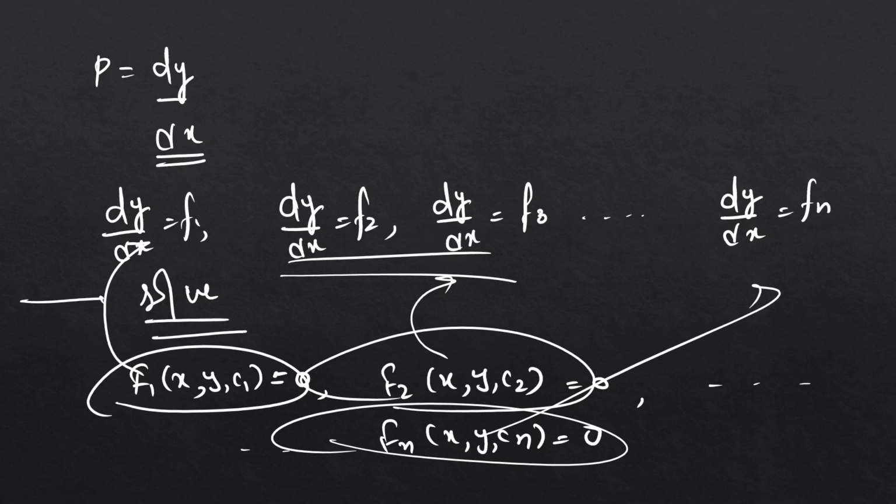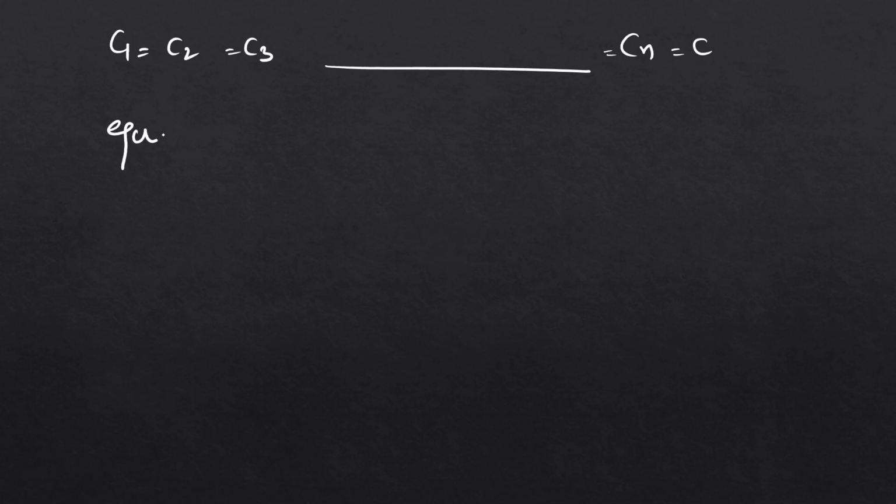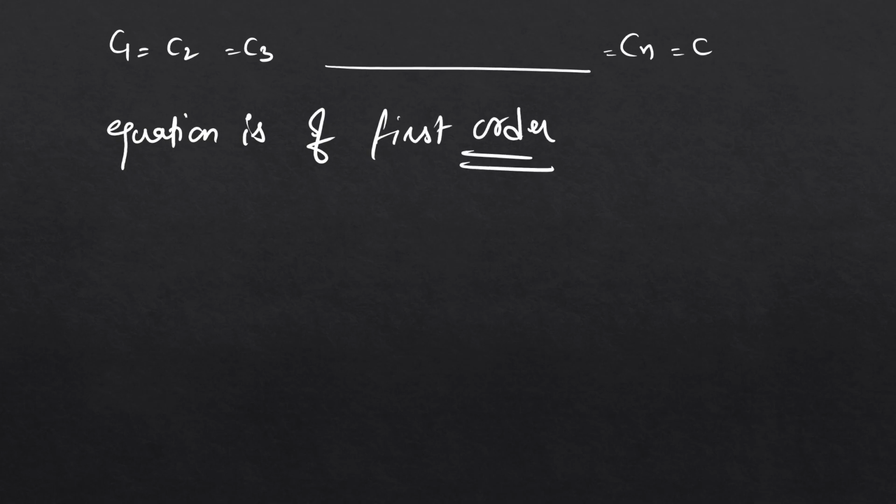Now here the question arises. Always remember we will take c1 equal to c2 equal to c3 up to so on equal to c. Why are we taking only one constant? Because in this case your equation is of first order. So if our equation is of first order, it means that all the constants can be changed into c.